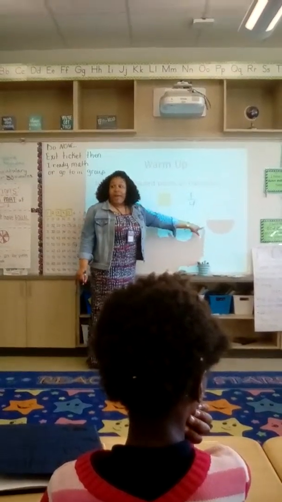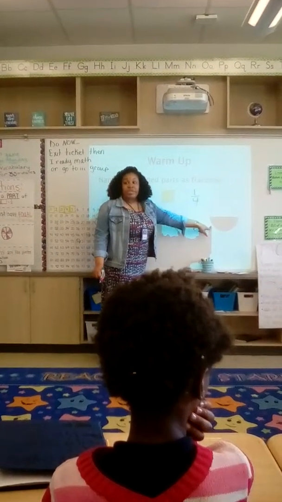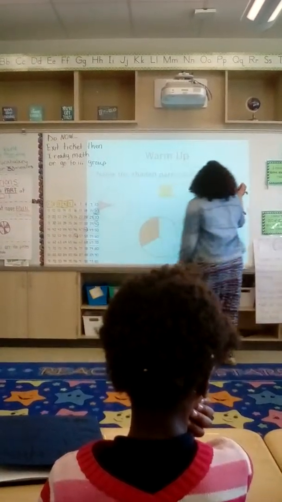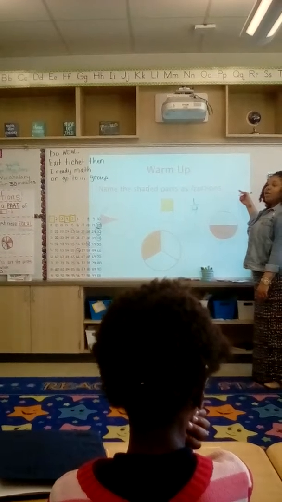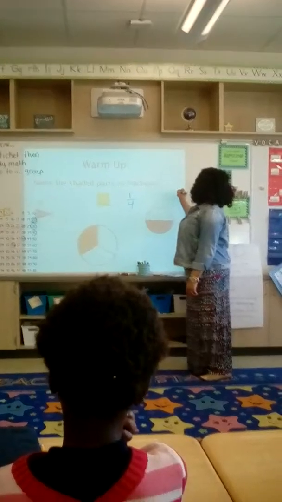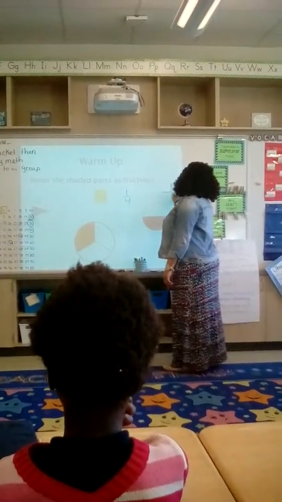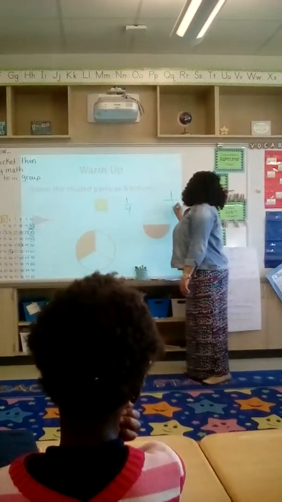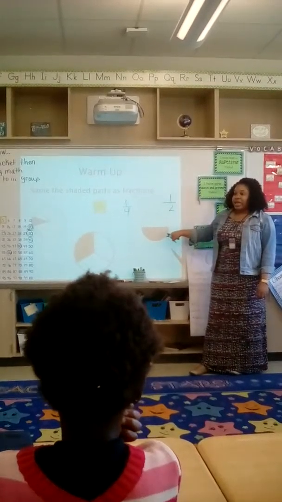1/2. And how do we write 1/2? 1 would be my numerator or denominator? Numerator, so it goes on the top. I'm going to put a line, and what will be on the bottom? 2, because there are 2 pieces here, but 1/2 is shaded.